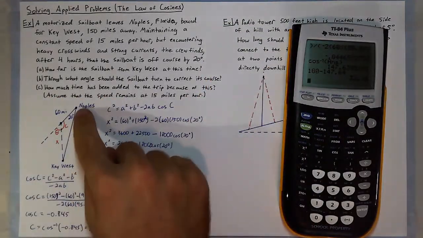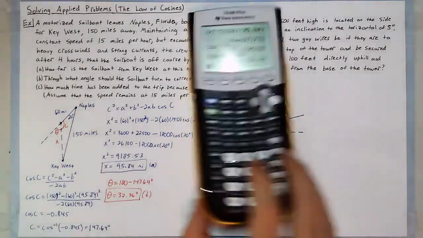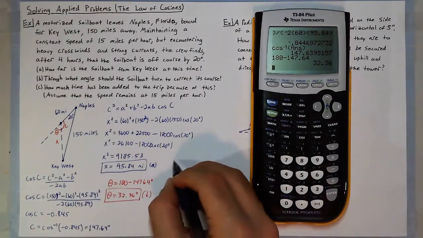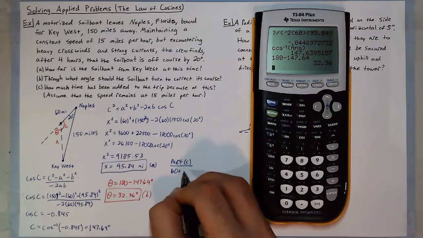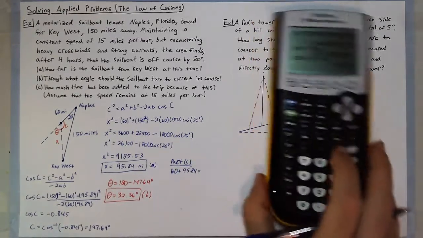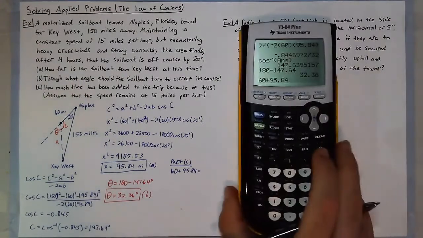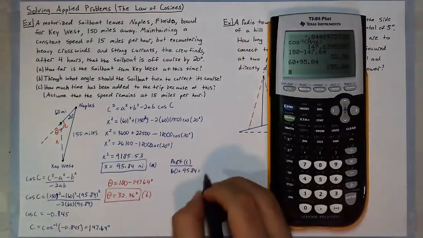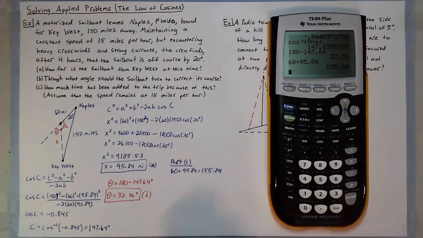So normally they'd be traveling 150 miles, but now it looks like they're traveling 60 plus 95.84 miles, which would be 155.84. So this is for part C. They're traveling an extra 5.84 miles.